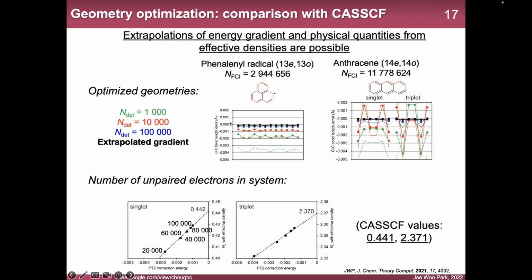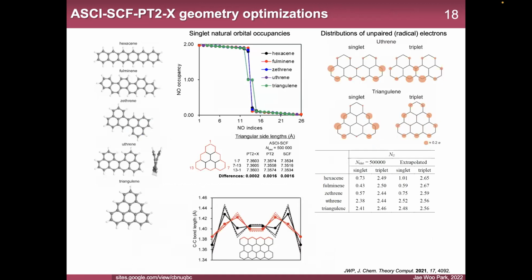And the geometry optimization using the extrapolated gradient yielded almost the same geometries as the CASSCF geometries. And you can also evaluate the number of unpaired electrons in the system like this. And then you can obtain this kind of expectation, the extrapolated values, which are pretty close to the CASSCF values, like a difference of 0.001. So this is reasonable.